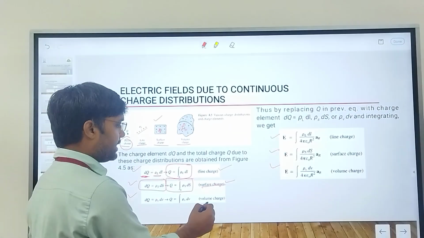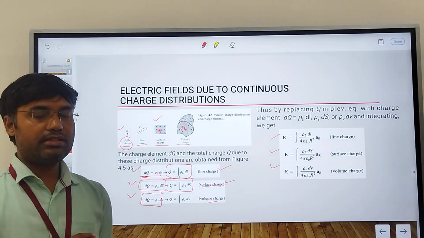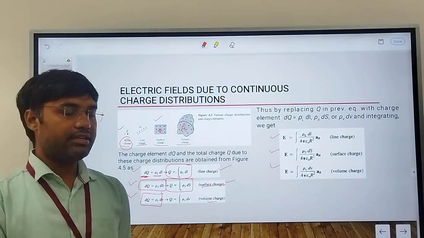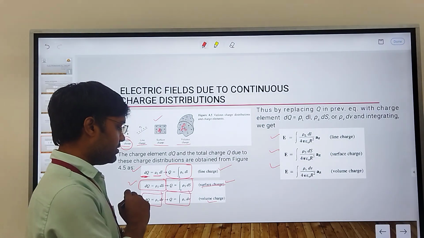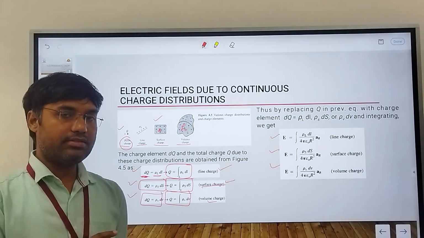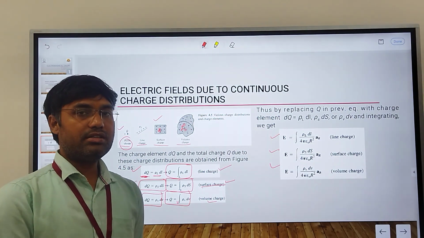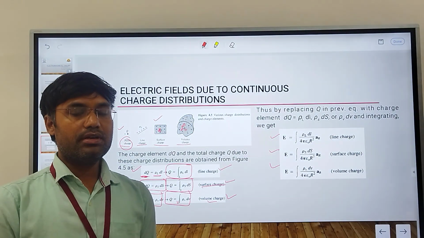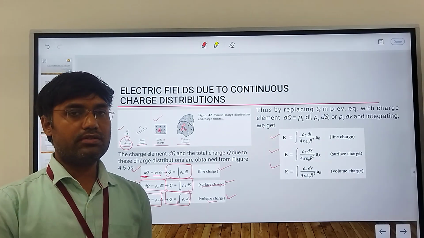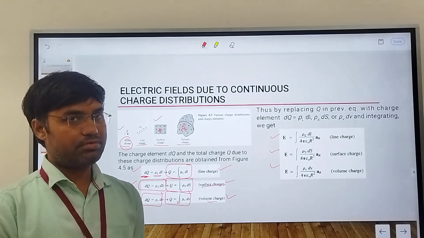Third, in case of volume charge, the differential charge element is dq equal to rho v dv, so integrating both sides we get the total charge as the volume integral of rho v dv. So these are the three expressions for the total charge in cases of line, surface and volume charge distributions.